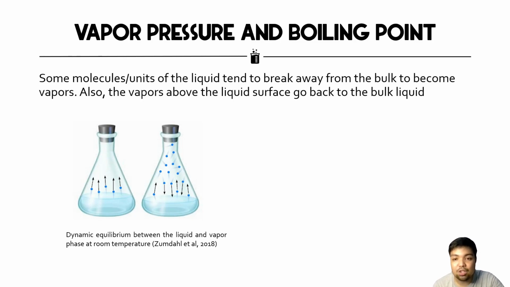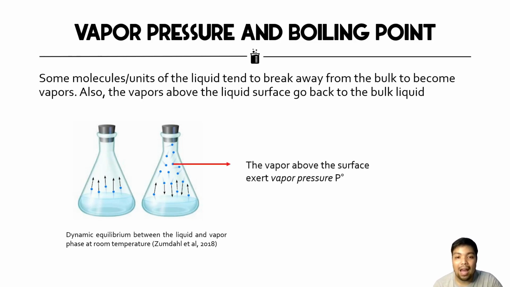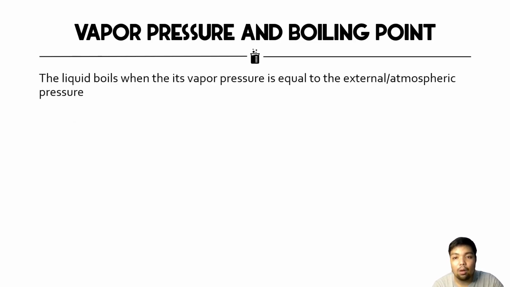And that pressure is what we call the vapor pressure. Now, the liquid will boil when the vapor pressure of the liquid is high enough that it is equal to the atmospheric pressure.